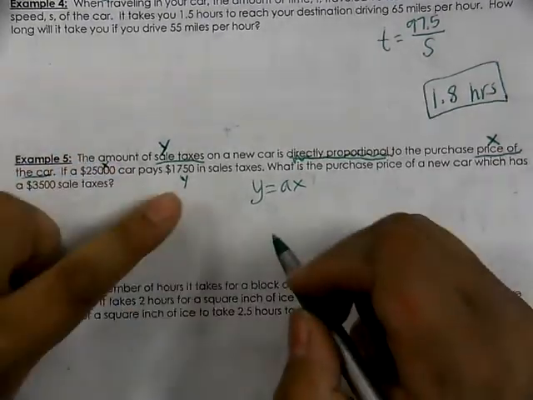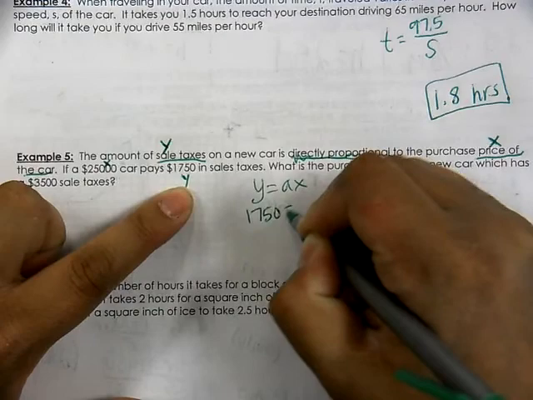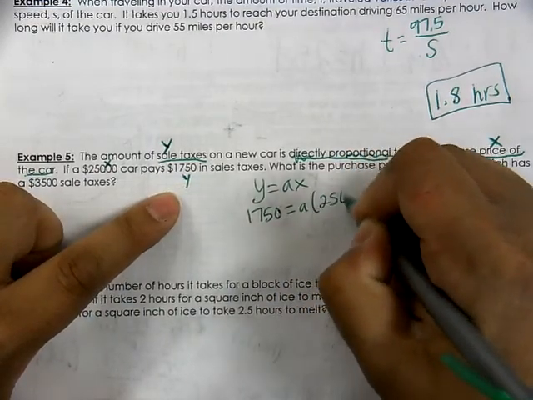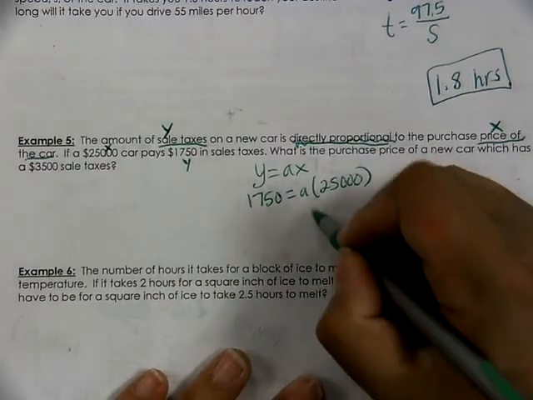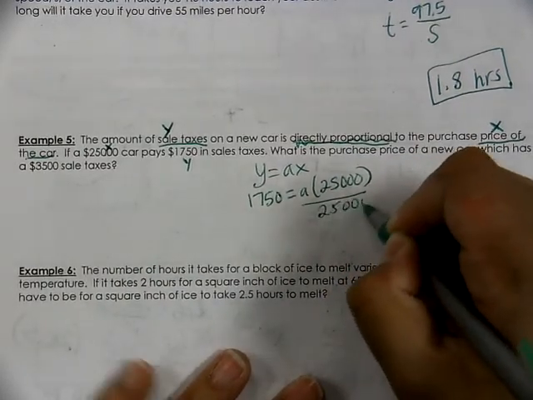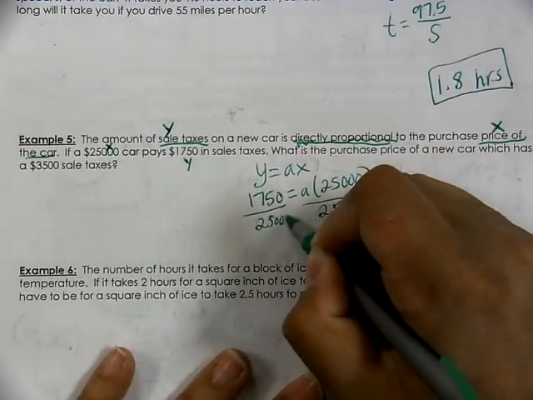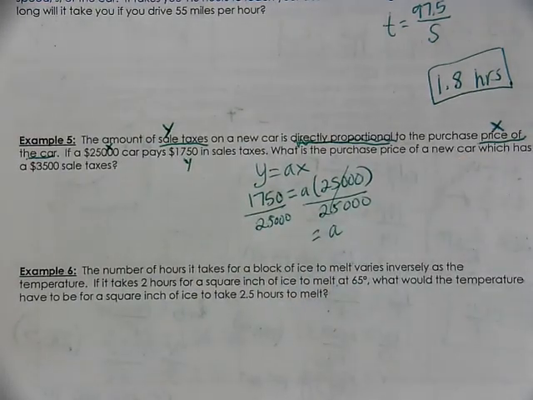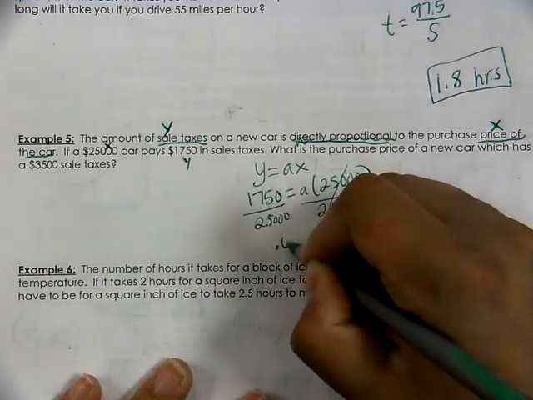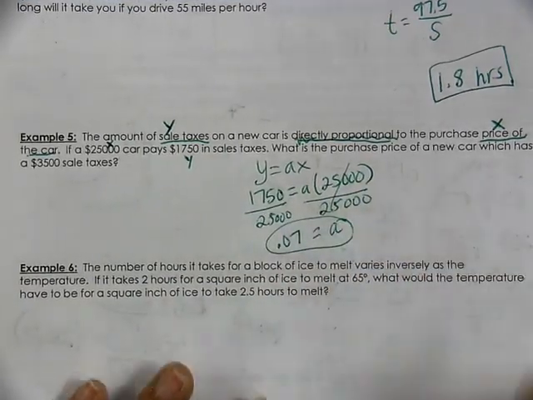We're substituting in the two numbers, 1,750 for y and 25,000 for x. And then you solve for a. Always solve for a. So we divide by 25,000, and our calculator answer comes out to 0.07 as a decimal, or you can write it as a fraction if you want to.